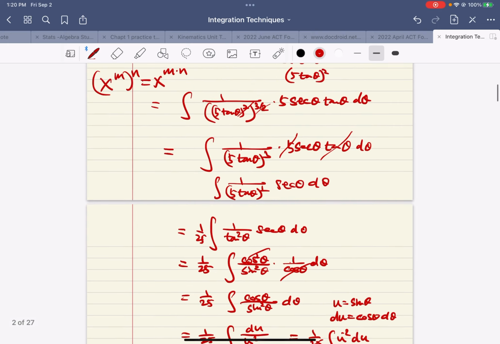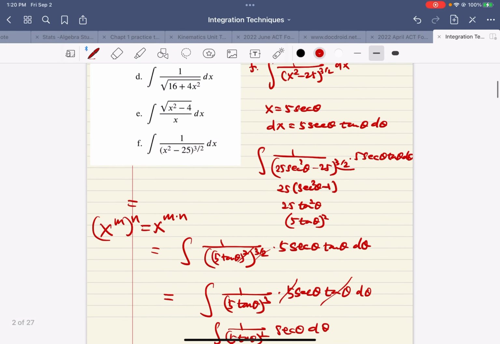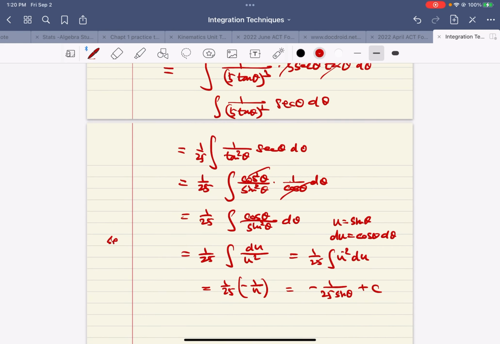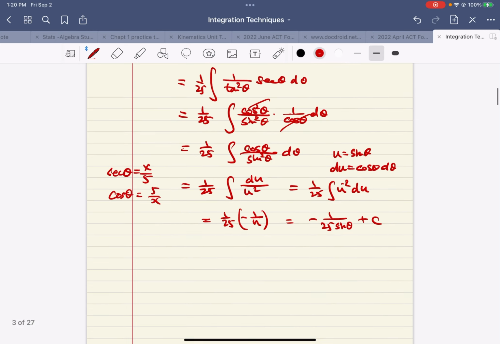Now, what's the sine theta here? So when you go up here, it's coming from here. Secant theta is x over 5. So cosine theta is 5 over x. So in the triangle, 5 over x, and here then root x squared minus 25.